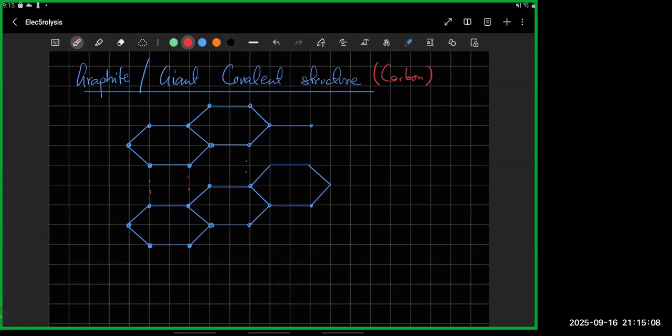And there are going to be weak intermolecular forces between the sheets. So it's a layered, sheet-like structure, completely flat, with weak intermolecular forces.